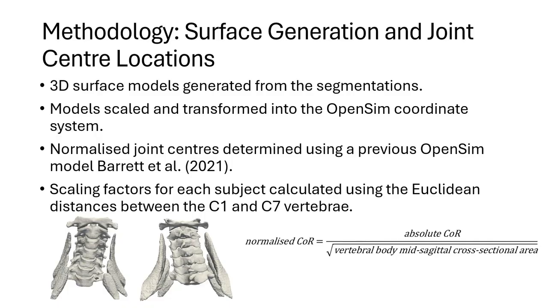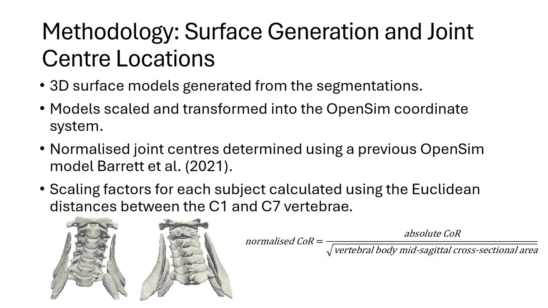An OpenSim cervical spine model previously developed was used as a base to determine the subject-specific joint center of rotations. The mid-sagittal cross-sectional areas of the vertebrae used in this model were measured, and the location of each joint center of rotation in the local coordinate system of their respective parent and child bodies were extracted from the OpenSim file. These center of rotation coordinates were transformed into the local coordinate systems of the vertebrae from the RSNA data and transformed into OpenSim's coordinate system.